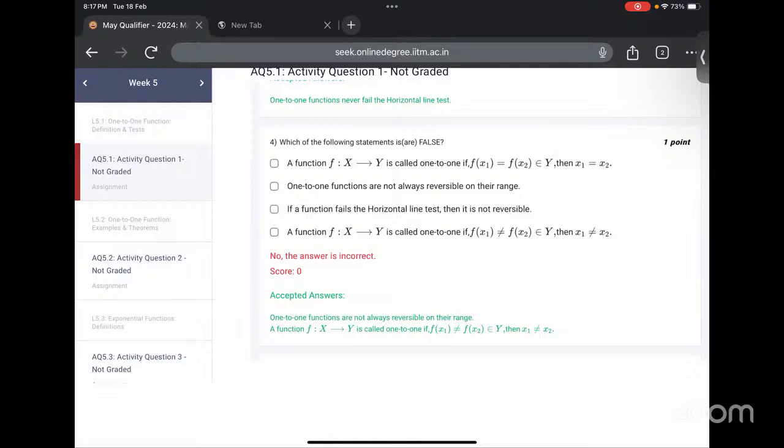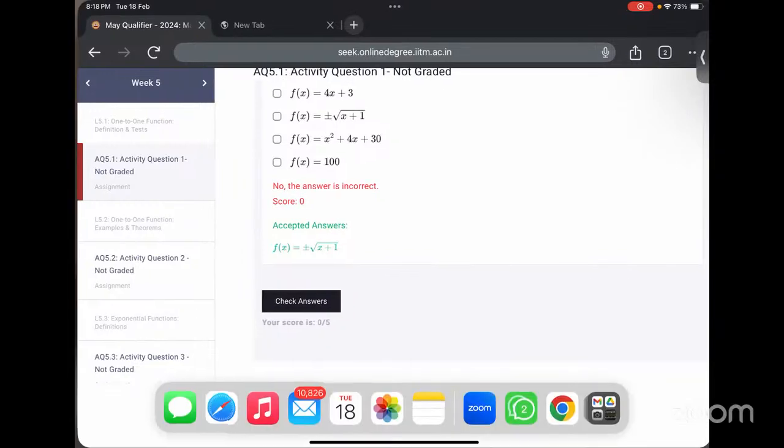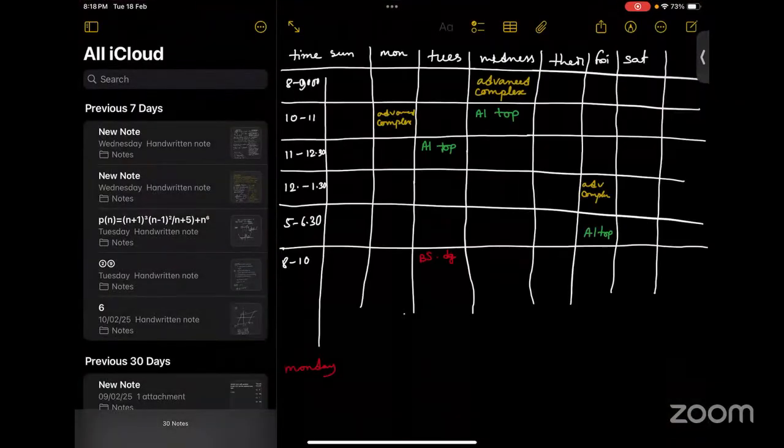Fourth option. Excuse me, ma'am. What is the basic root of function? How to understand? Actually, it's a long time back I'm understanding this function. How to catch this function?